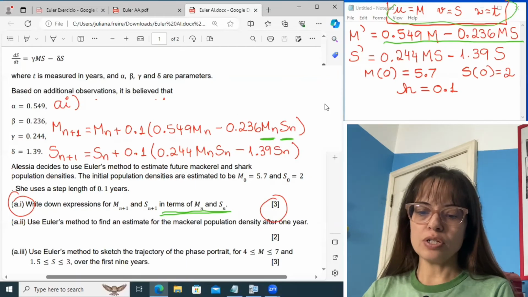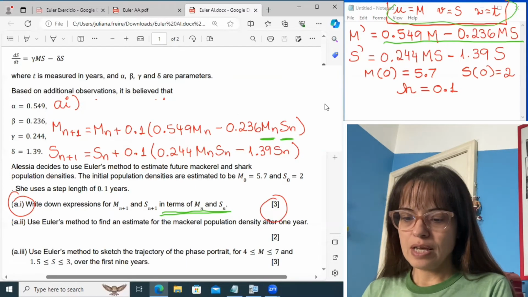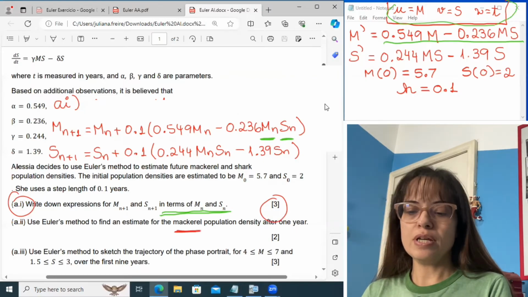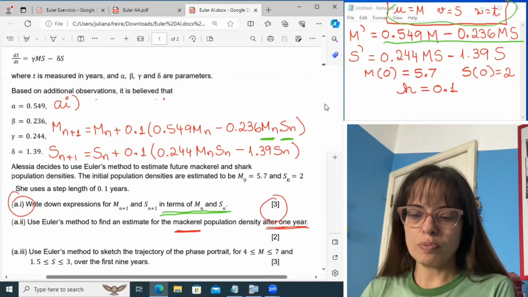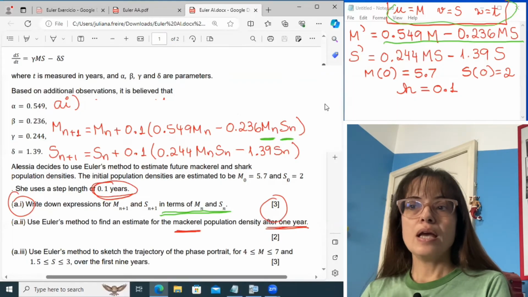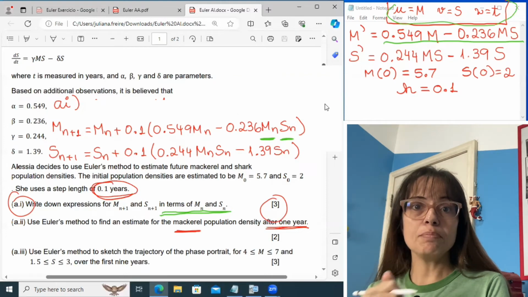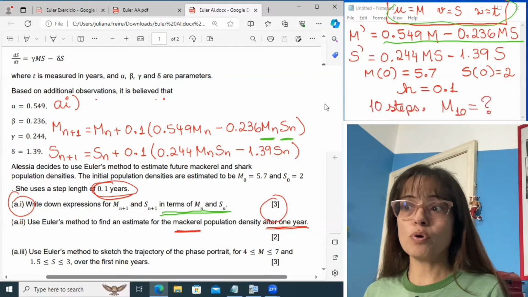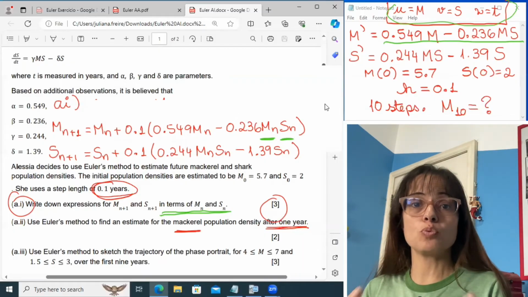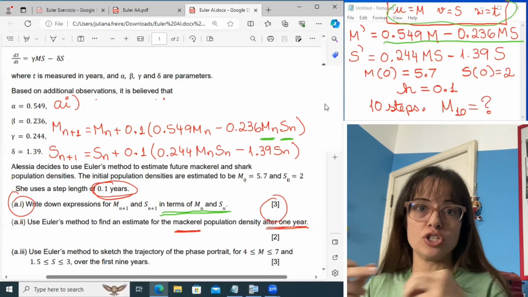And the question is asking us to find the mackerel population, so that's the M, after 1 year. So since the step length is 0.1 years, that's going to take 10 steps, and he is asking for M10. He could have asked for both, but he didn't, but we do need to calculate both because one depends on the other at each step.